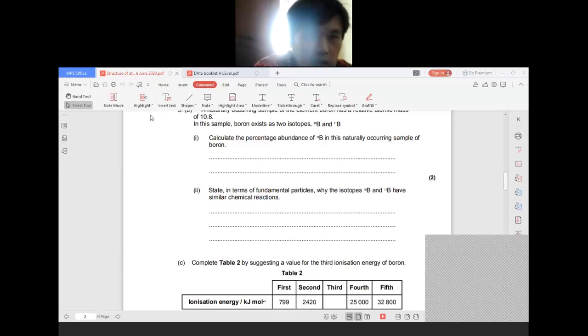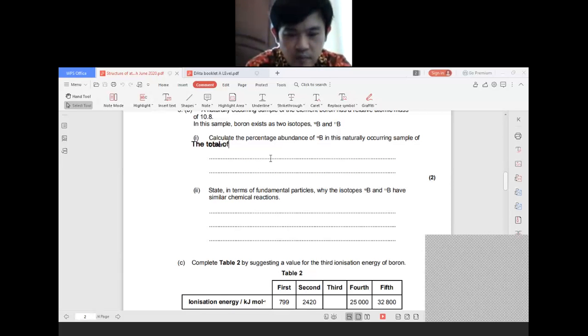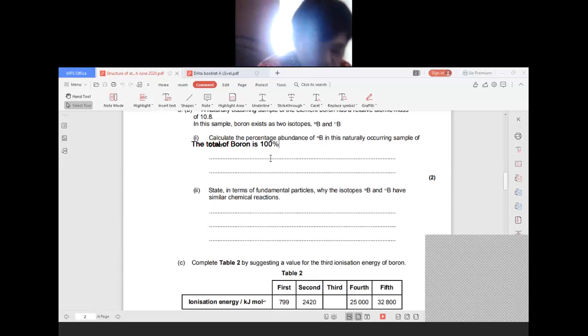Okay, so let me help you with the clue. So the total of boron is 100%. And then you need to find boron 10 as x percent.